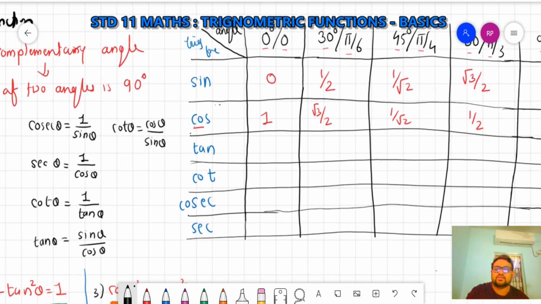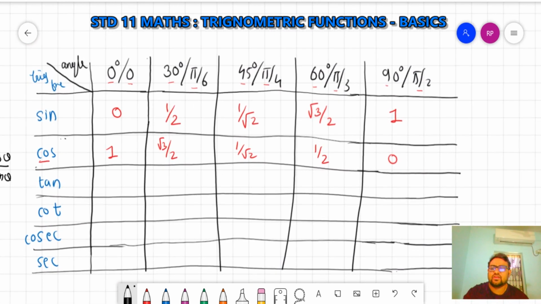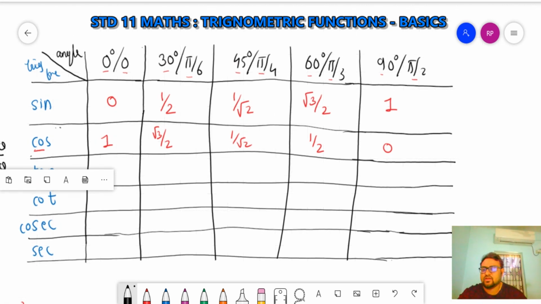Clear? So tan theta is sine theta by cos theta, means I need to take the ratio of sine and cos, right? So what is 0 divided by 1? 0.